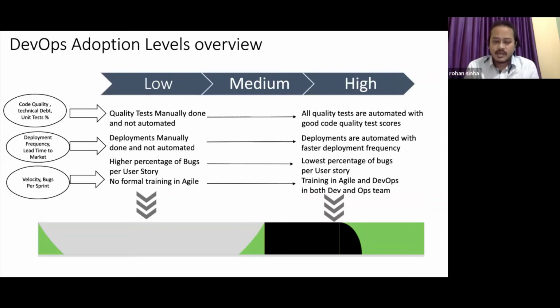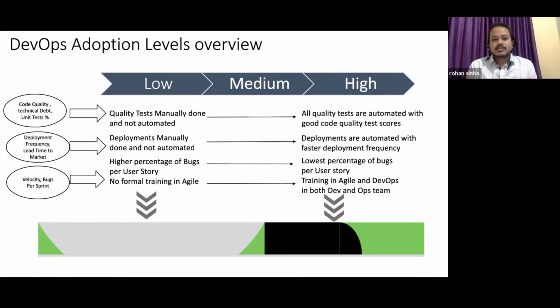Low would ideally mean the DevOps adoption level is not up to the standard. Medium would ideally mean that the adoption level is gradually improving and has a possibility to get to the standard. And high means the portfolio is already moving very well on its DevOps journey.